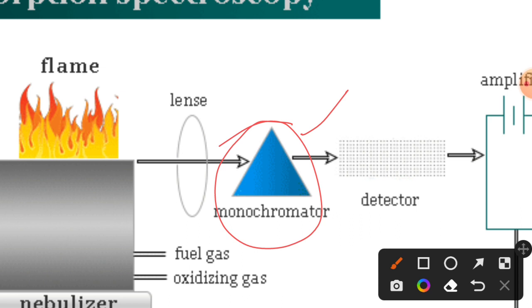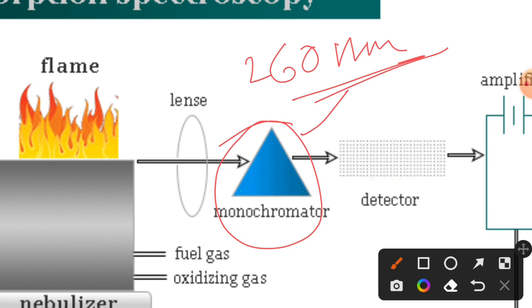Okay, for example, we can use 260 nanometer wavelength for protein detection. Okay, so this is the lambda max value of protein. So we can use this to determine it in any kind of protein sample.